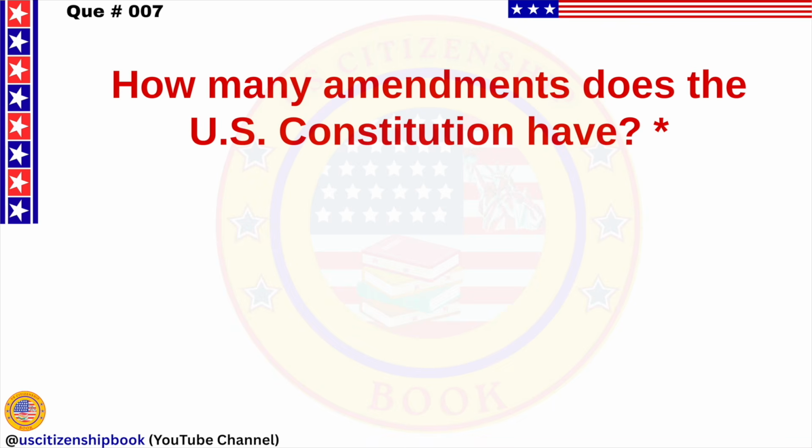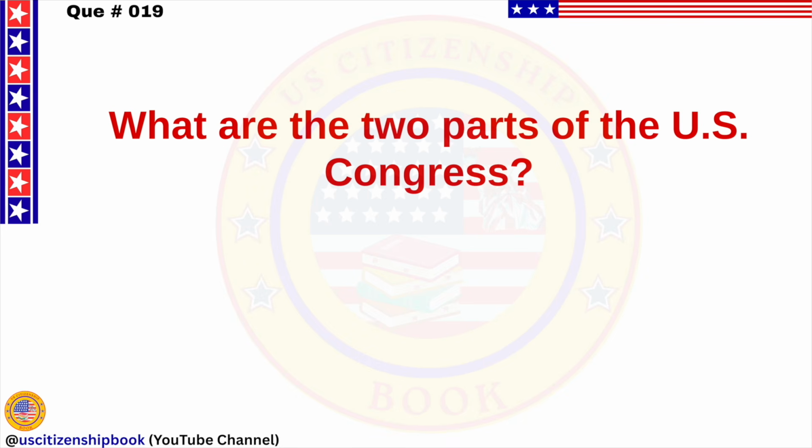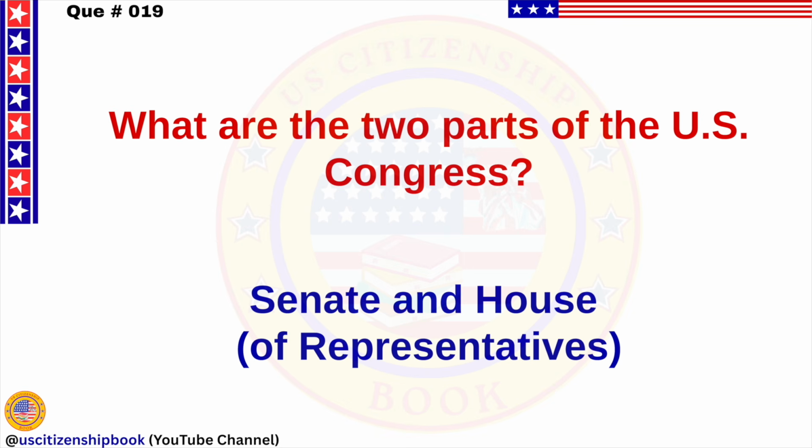How many amendments does the U.S. Constitution have? $27. What are the 2 parts of the U.S. Congress? Senate and House of Representatives.